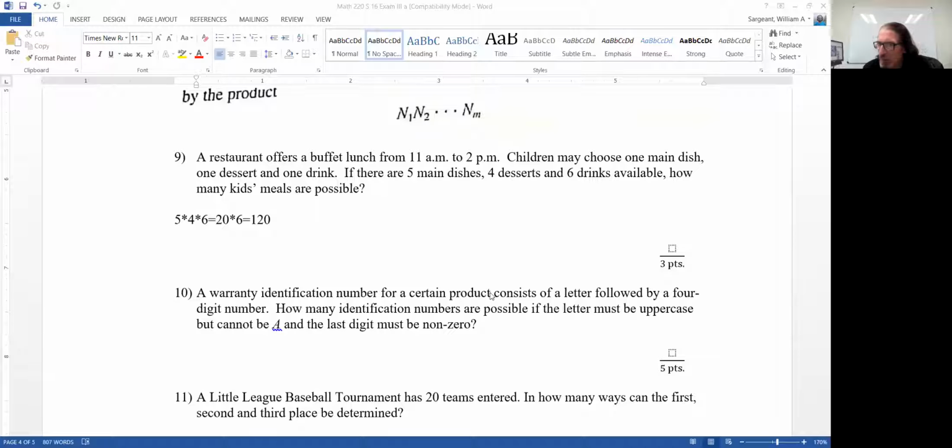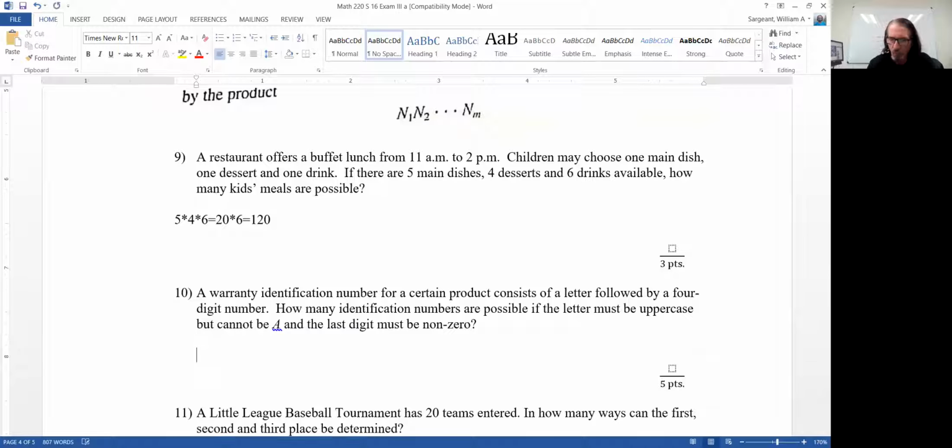In number 10 here, also apply the generalized multiplication principle. We're going to start with a letter, and that letter cannot be A. So that's going to leave us for the first task 25 options, and then we need 4 digits. There are 10 digits. However, that 4th digit must be non-zero, so that would leave us 9 choices there.